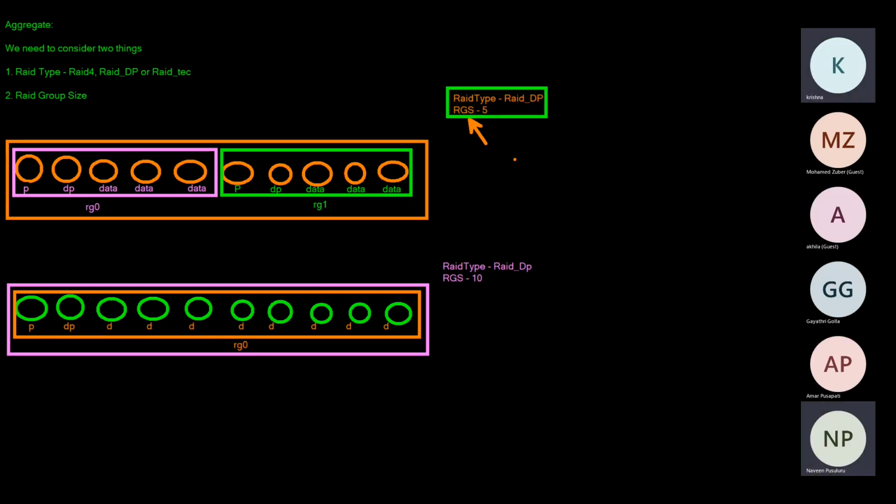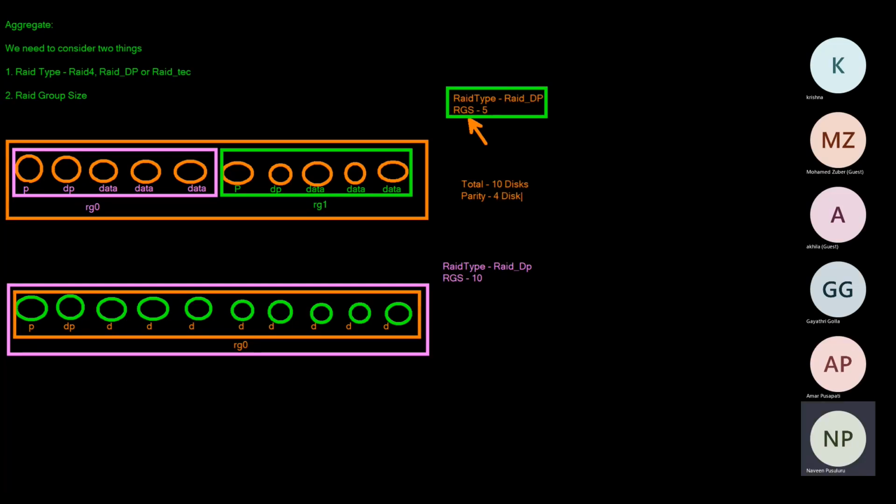So how can we decide the write group size? For example, in the first example I'm taking a total of 10 disks, right? Out of 10 disks, how many are going for parity? 4 disks, right?